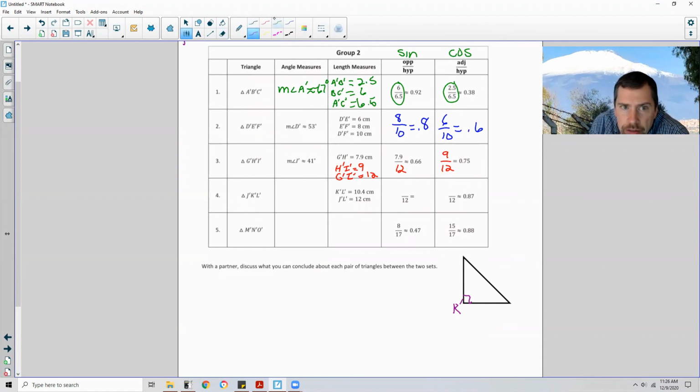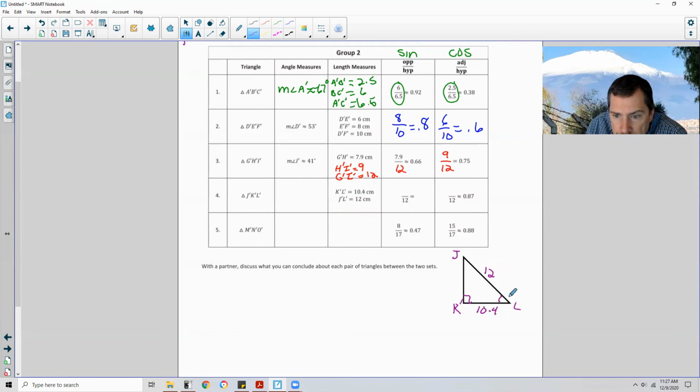If I name this L and this J, JL is 12 and we were given that. So it's still JL, but we switched the J and the L. But now KL is 10.4.